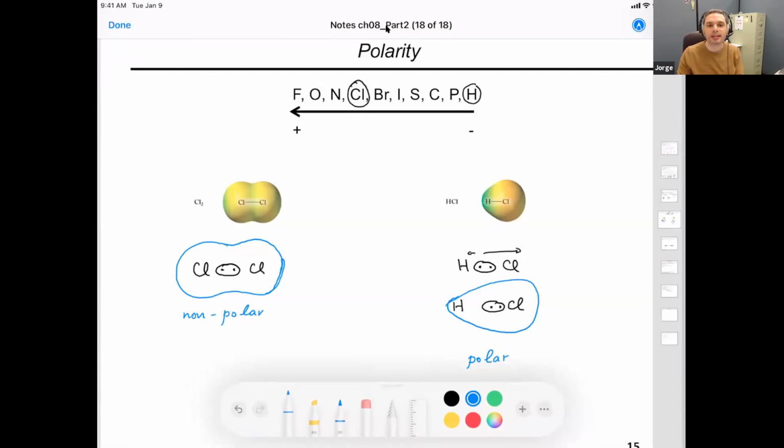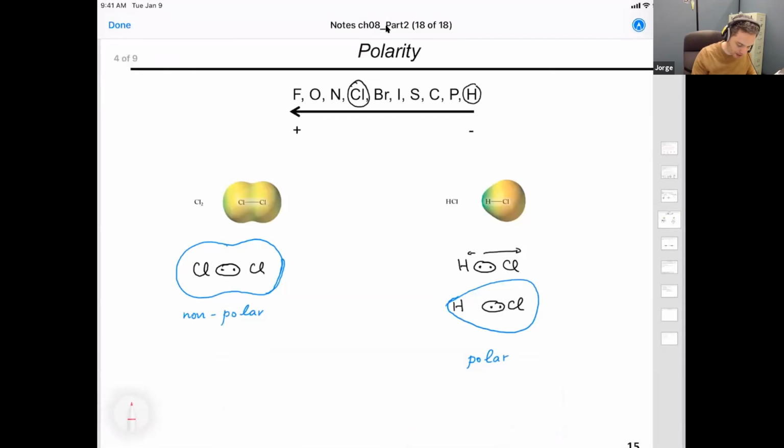To indicate the direction of the pull, or the direction that the electrons are being pulled in the chemical bonds, we represent that by a vector where the tail starts where we have low density and the head points to the side that we have high density.